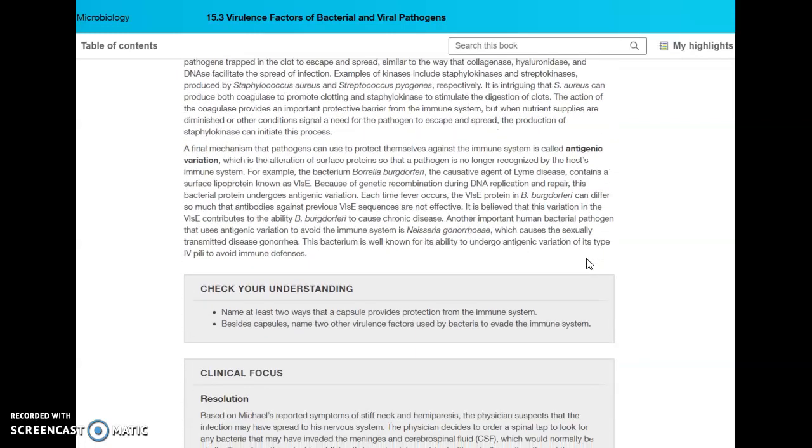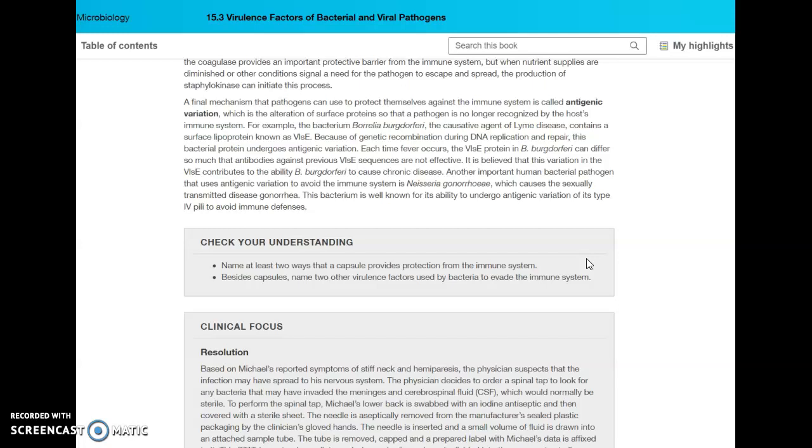Another way that pathogens can protect themselves from the immune system is called antigenic variation. Antigenic variation is when the pathogen alters the proteins on its surface so that the immune system no longer recognizes it. This would be essentially changing its coat.